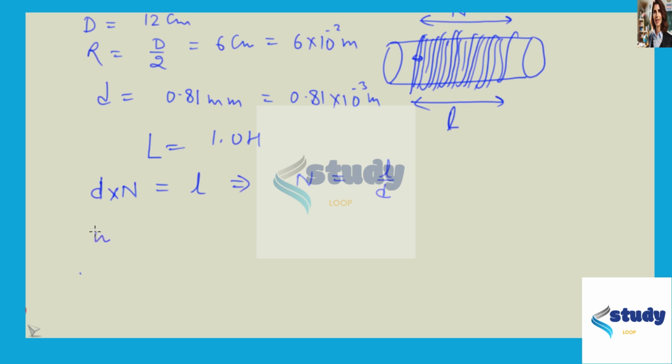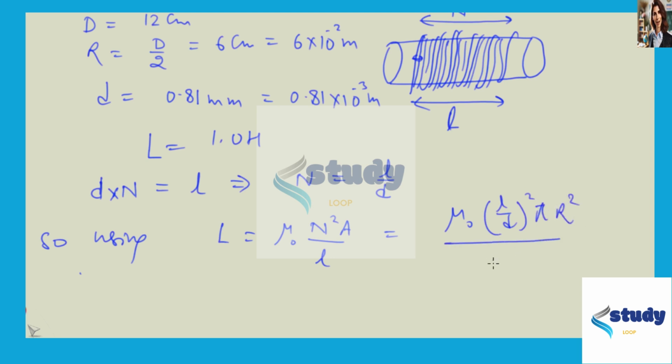Hence, using the expression for self-inductance of a solenoid, L is equal to mu naught N square A by l, where N is the total turns, l the length of the solenoid, and A its area of cross section. Using N as l by d, this is mu naught multiplied by l by d to the whole square into pi R square divided by l.